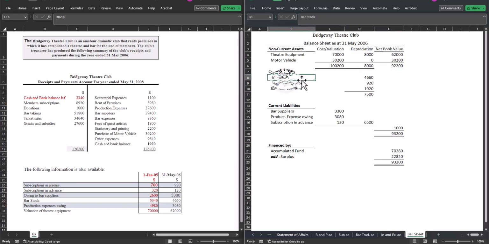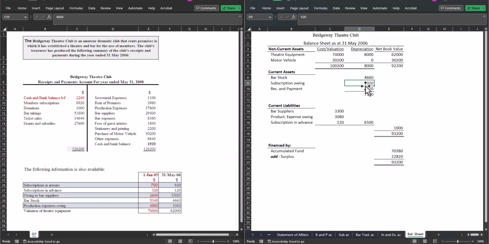The bar stock, of course, the balance sheet is prepared at the end of the year, so all of these reflect closing balances. So the bar stock figure that is used, the closing balance, the subscription owing of 920. Remember, that's money that's owing to us. So if someone is owing us, if our members are owing us, they are debtors or accounts receivable. That's why we have it included here.